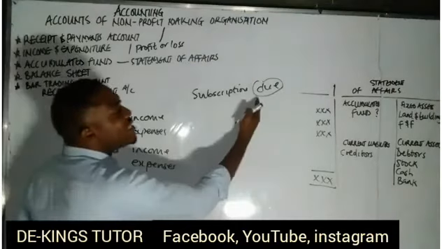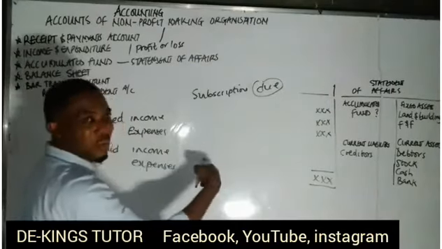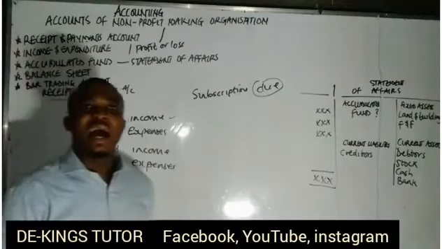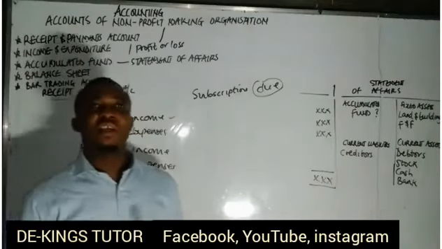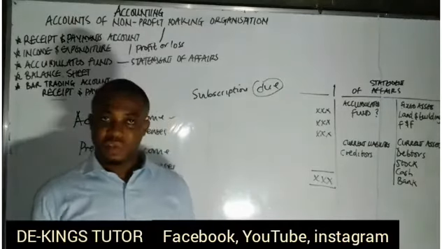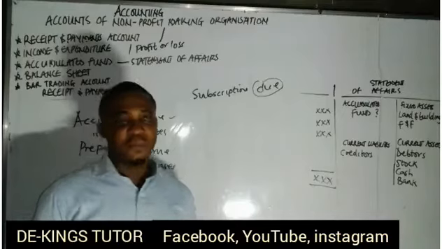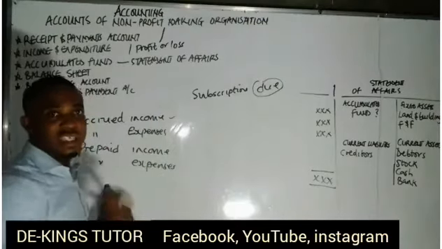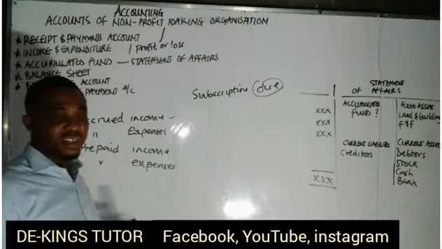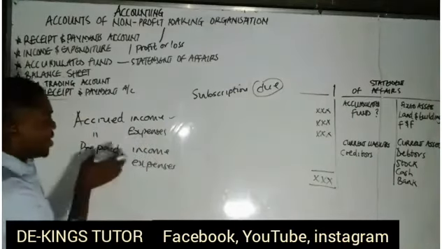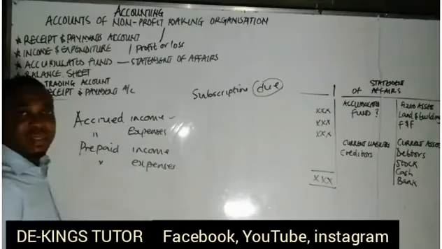So this is accrued income. Now, what is accrued income? This is income for which services have been rendered, but the income has not been received. We have ways of treating this in the profit or loss account and also in the account for non-profit making organizations. Another one you can see is accrued expenses, prepaid income and prepaid expenses.